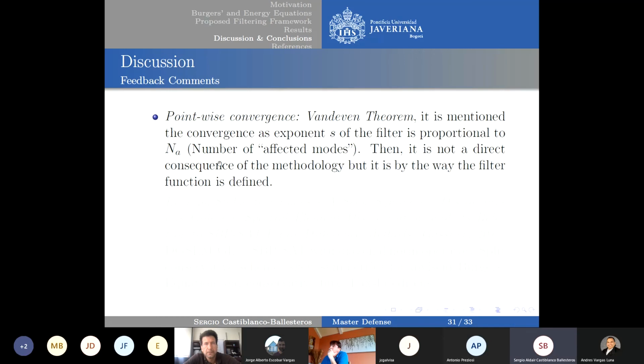In this case, it is proportional to the number of affected modes. Then it is not a direct consequence of the methodology, but it is by the way the filter function is defined, because in the end we are actually using an exponential filter function.